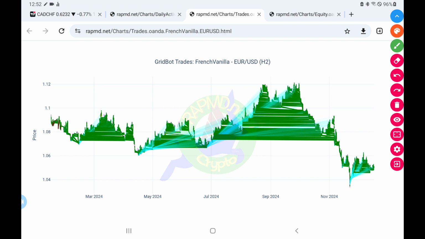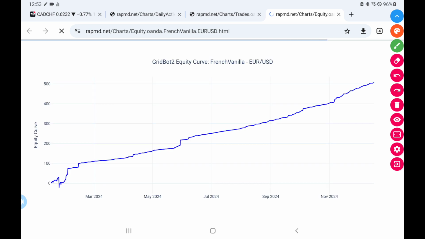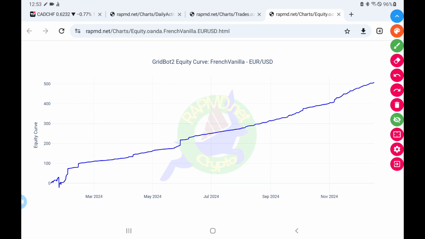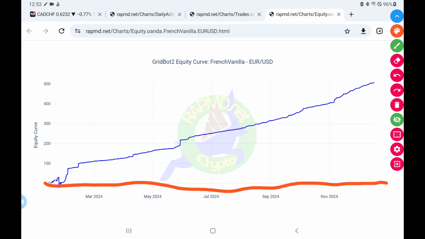But now let's take a look at the real point, the point that matters the most. How much equity did this account gain or lose? And it will load, and we can see that it gained a lot. Now, some important points about this. The zero line is the starting balance. Anything below the zero line is cutting into the initial profit.